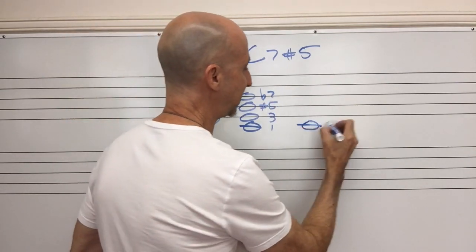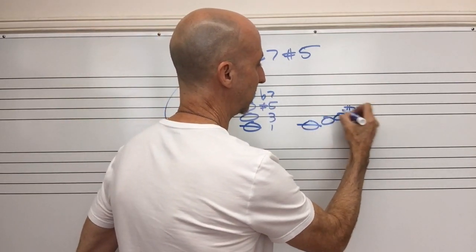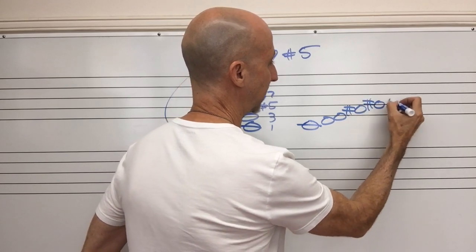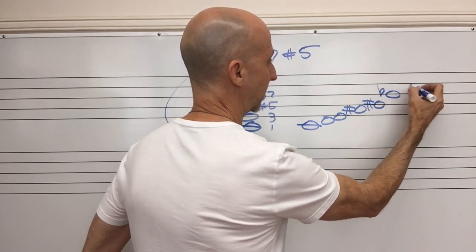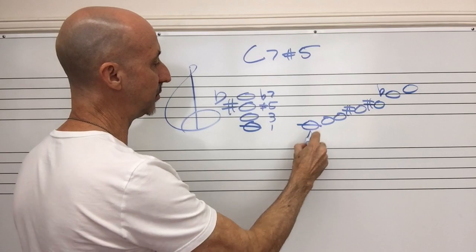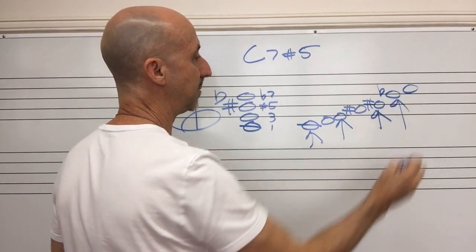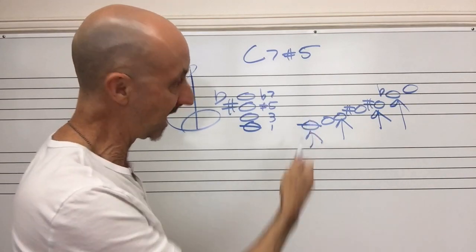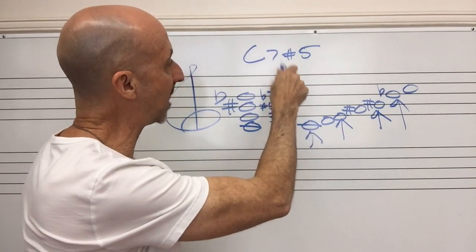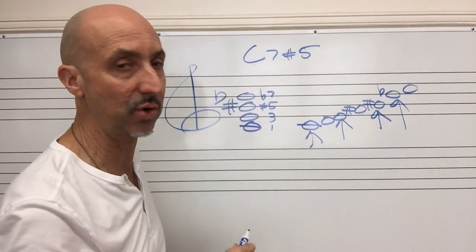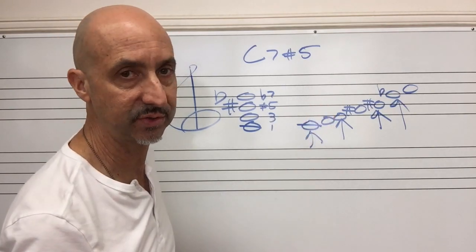Well, take a look at the C whole tone scale. Doesn't that include the root, the major third, the sharp 5, and the dominant 7? Yeah. So if you see any dominant 7 sharp 5 chord, you can use the whole tone scale.